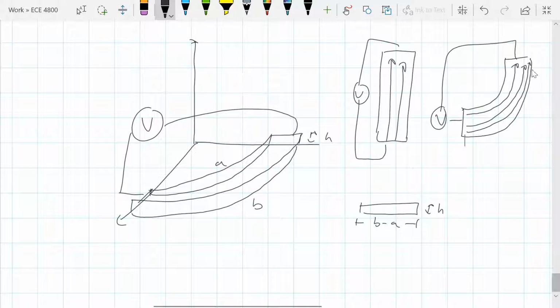So a subtle point about this is look at the length of this vector. This vector is shorter than the other vectors, right? So it's the same potential difference between this side and this side, but this is a shorter length vector. So where's the electric field going to be stronger? In the shorter vector. That's correct.